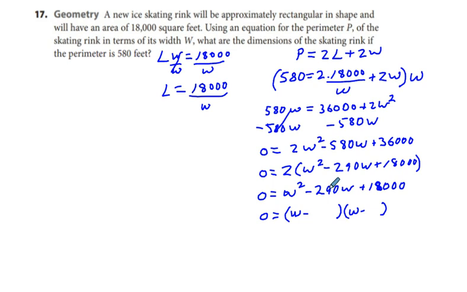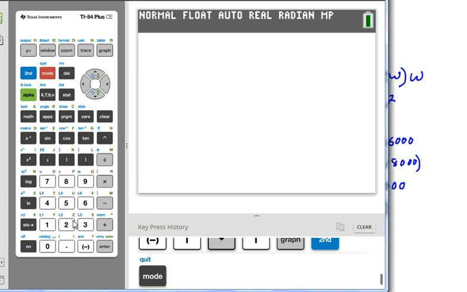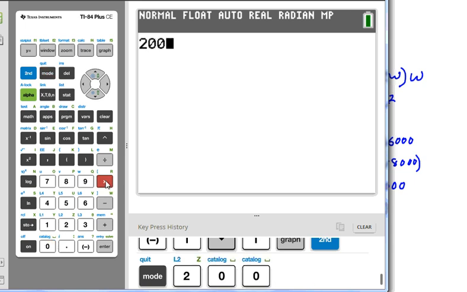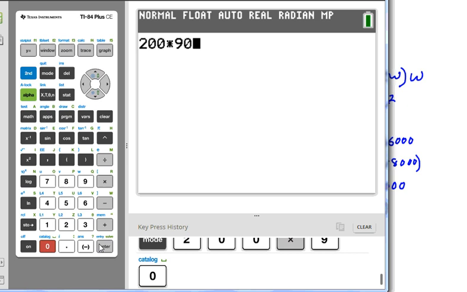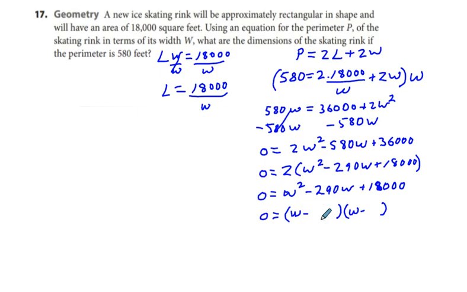Well, how about 200 times 90? Let's go to that calculator. 200 times 90. Yeah, 18,000. That checks out.